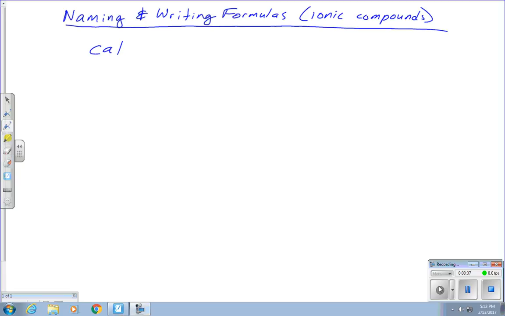So again, just a little refresher, cations are positive, and these are metals that lose electrons. And again, they're losing electrons to become more stable so that their electron configuration looks like one of the noble gases.